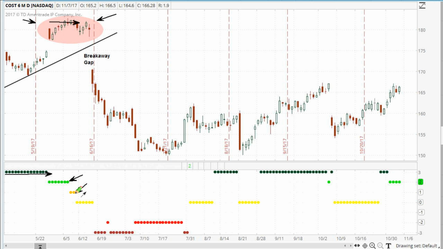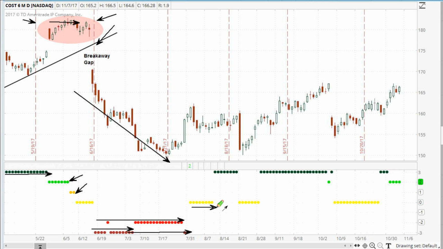Then it got extreme overbought, warning that there would be a downside reversal. It actually had a breakaway gap on the downside and then established itself as extremely negative. In other words, this was mildly oversold right over here, and this was an extremely negative period over here, and you can see that continued on the downside.